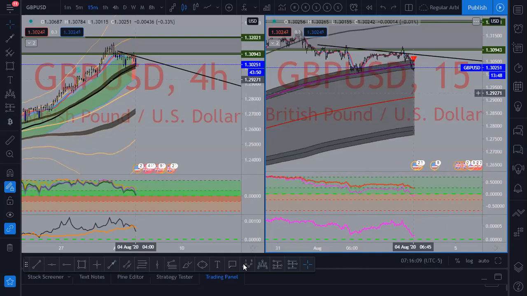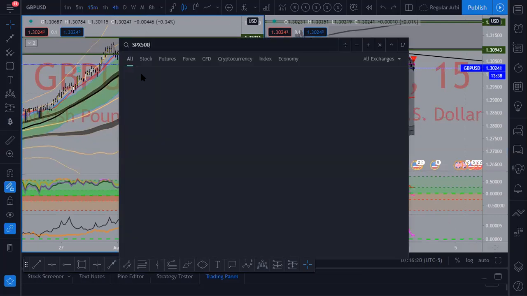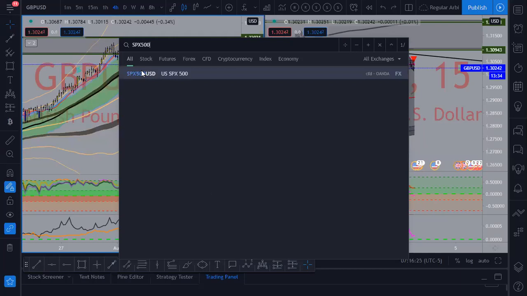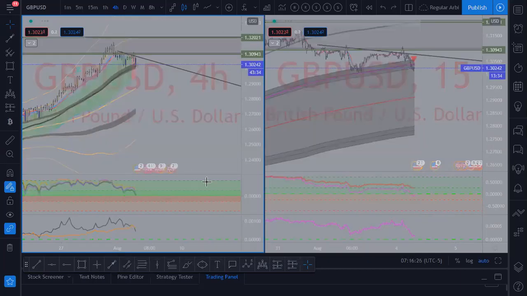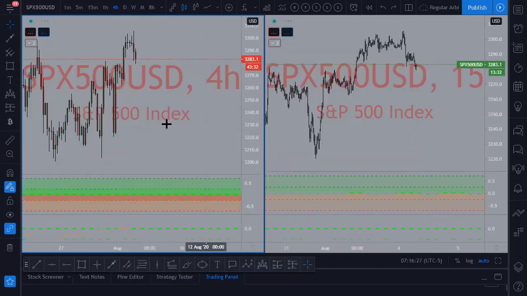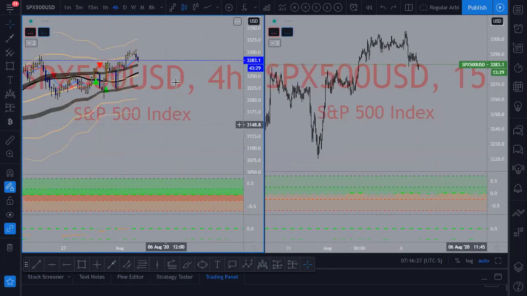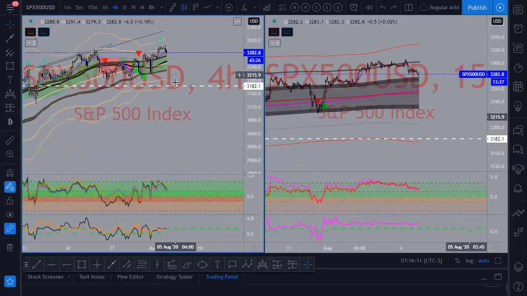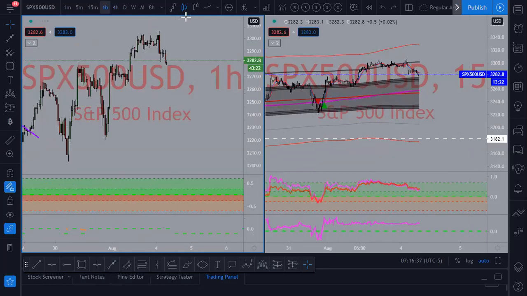Oh, SPX 500, of course. Of course, of course. Okay. SPX 500 is just being a bully at this point. But I like to see the 5 minute and the 1 hour.